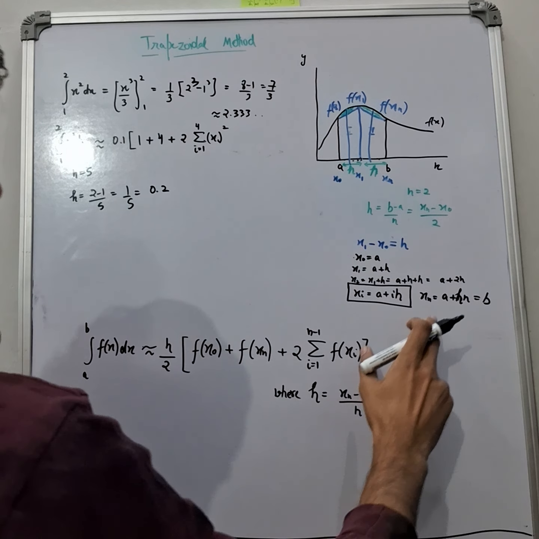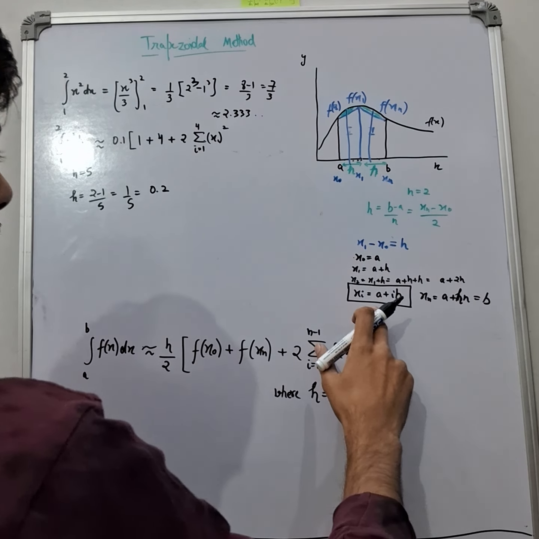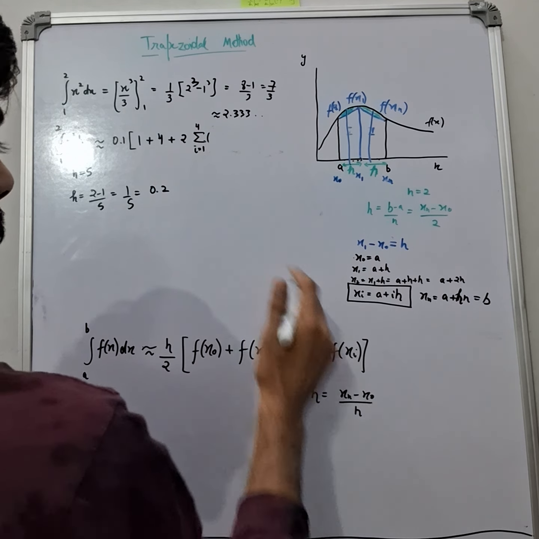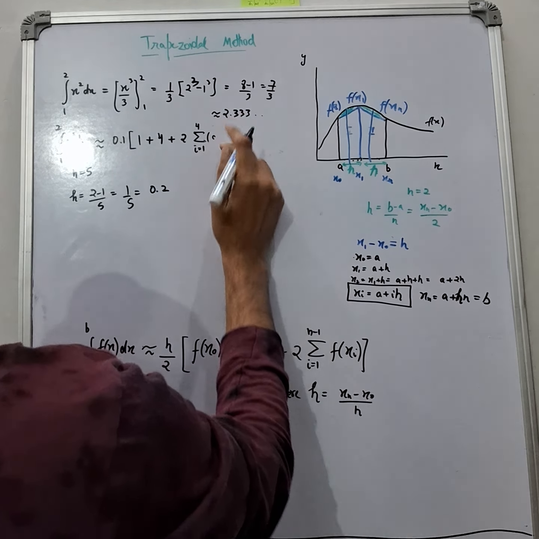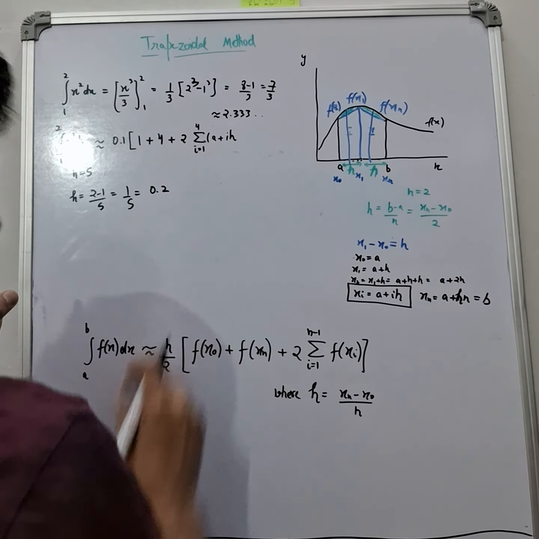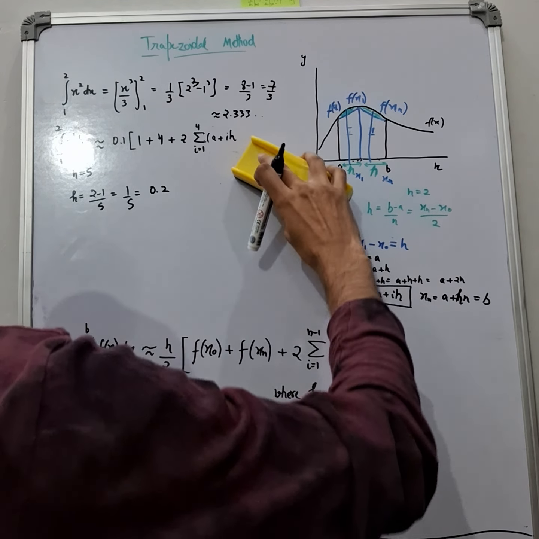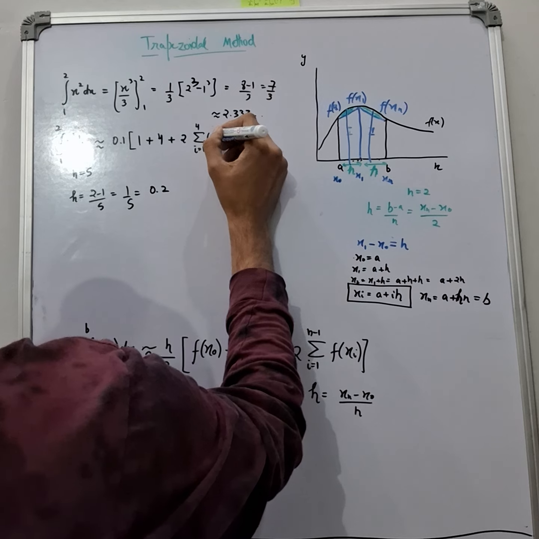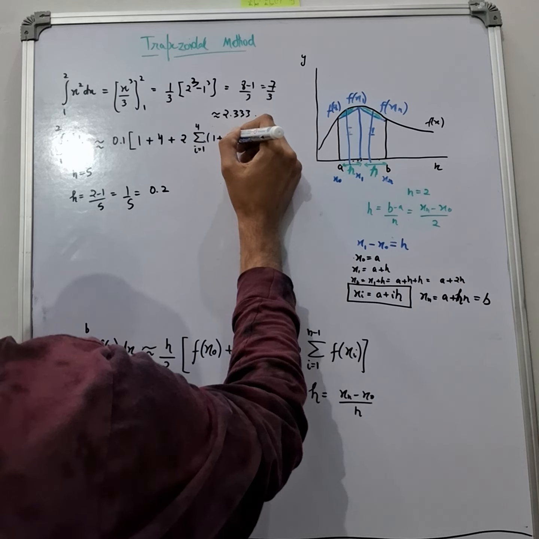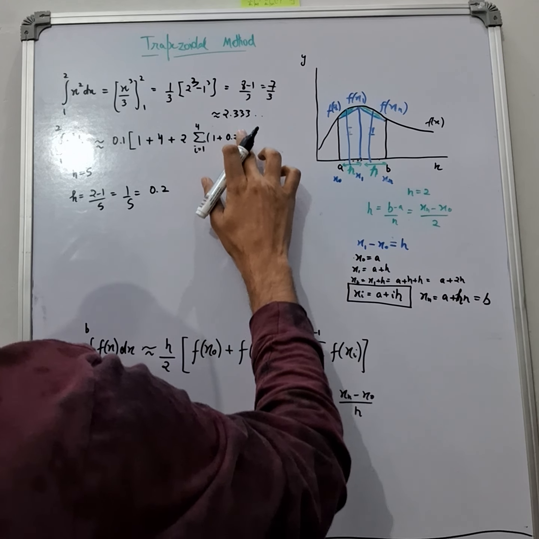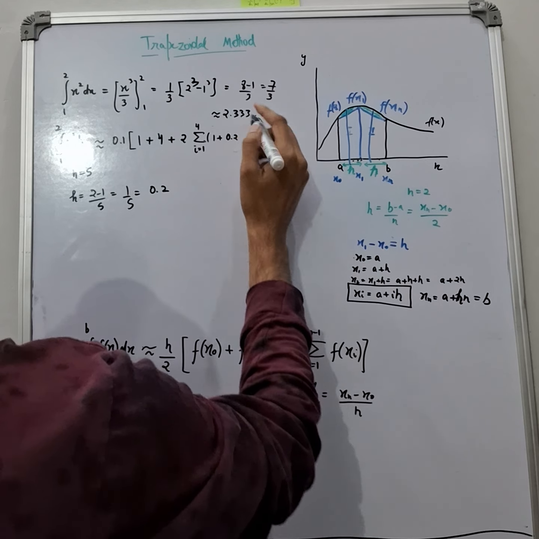Here for xi you have to use this relation, so basically write it like this: xi is equal to a plus ih. a here is 1 and h here is 0.2, so (1 plus 0.2 times i) squared, i in this case.